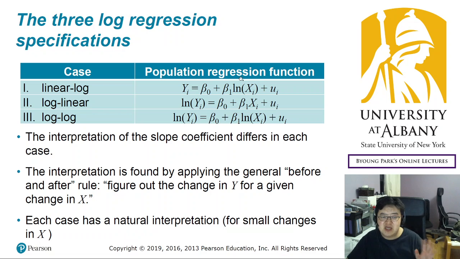However, interpretation is a little more involved. So we are going to study each of them to see how we may interpret them and where we can apply those interpretations.